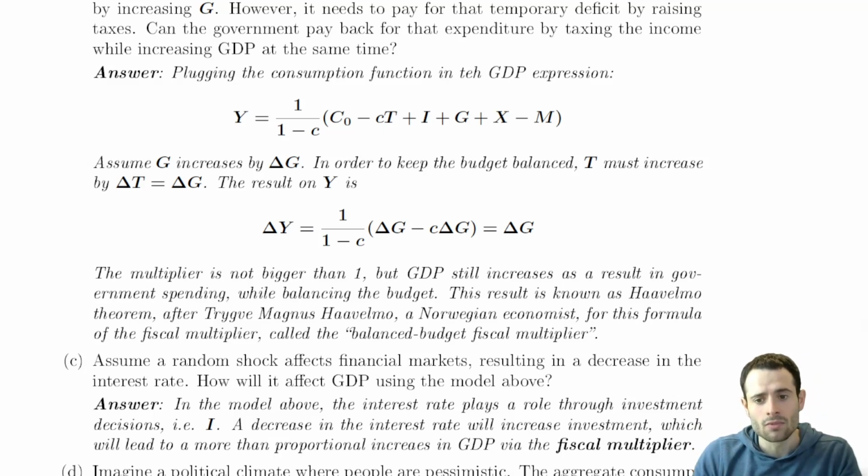And at the same time, GDP grew by an amount delta G. This result is known as the Haavelmo Theorem, after Trygve Magnus Haavelmo, a Norwegian economist, so I'm probably butchering his name, I apologize, where he tweaked the value of the multiplier and called it the balanced budget fiscal multiplier, which here is equal to just 1.